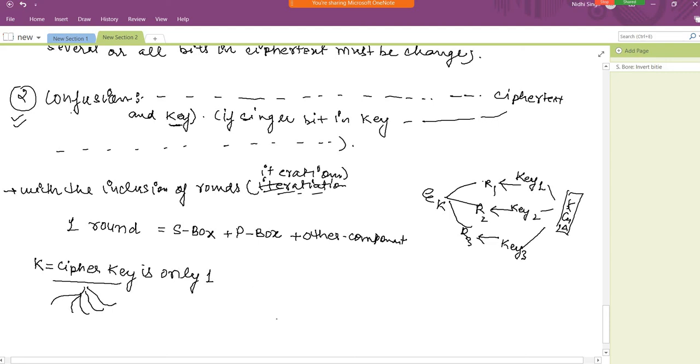So your cipher key is only one, it will not be different, but we have to generate the different round keys from this cipher key by including components of S box, P box and some other components which are reversible in nature, means invertibility should be possible.